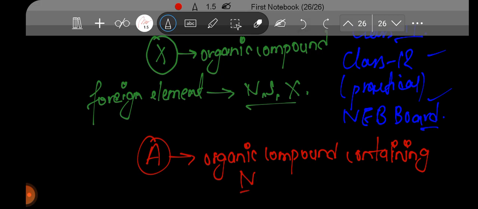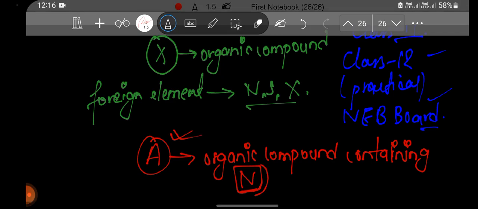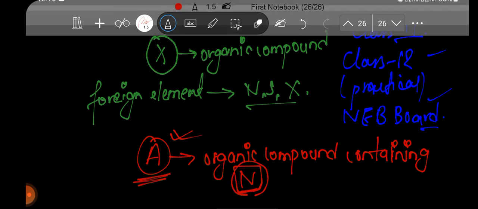Sodium, not nitrogen. Now our main intention is to find out which foreign element is present in this, and how can we know that nitrogen is present in this organic compound. Nitrogen is present in this organic compound.